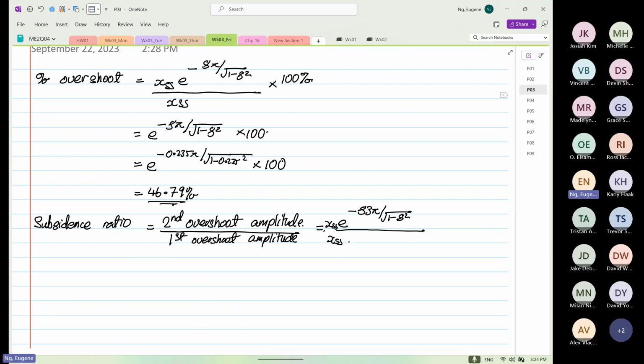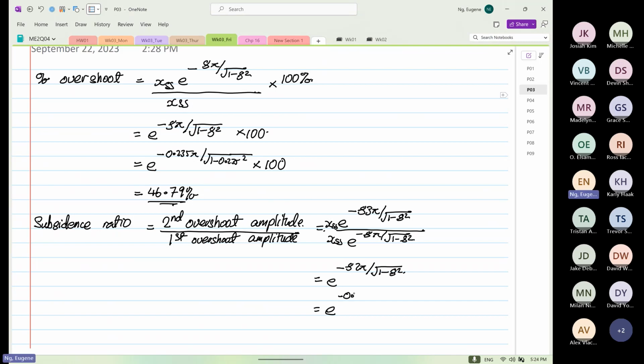And e to the minus zeta pi over square root of 1 minus zeta squared. So this will be equal to e to the minus zeta 2 pi divided by square root of 1 minus zeta squared. So now you put in your numbers.